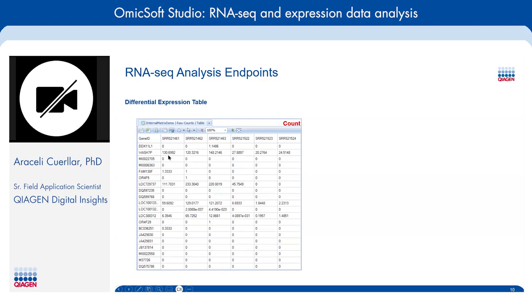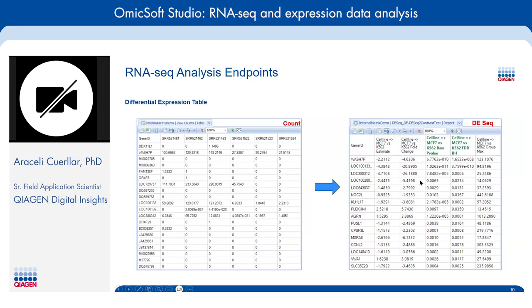Whether you import or generate a count matrix within OmicSoft, you can use the matrices with gene level information to do comparisons between groups and calculate differential expression with fold changes and p-values. In this example, we are comparing two cell lines and have fold changes and p-values for a set of genes that are differentially expressed between cell line 1 and cell line 2.